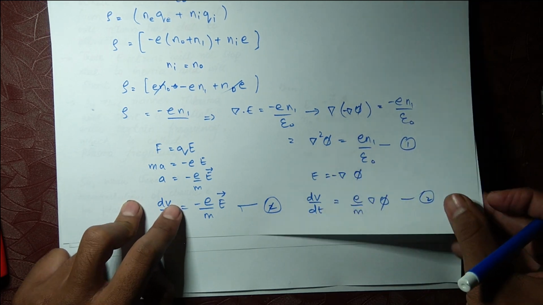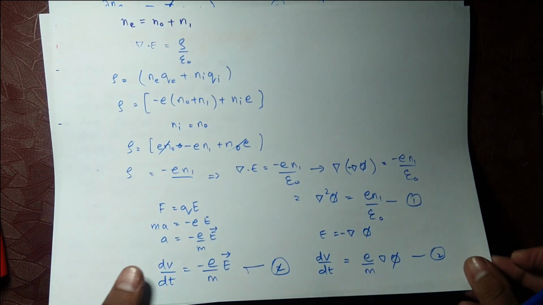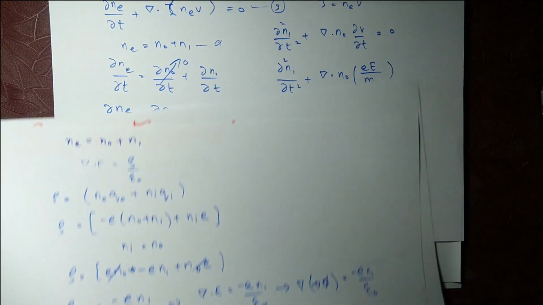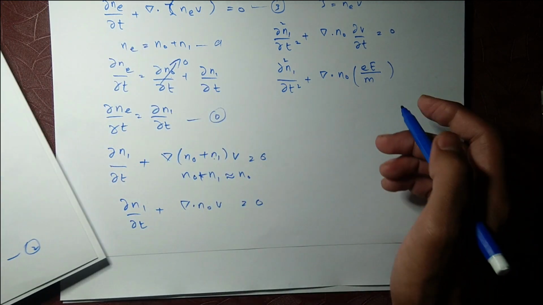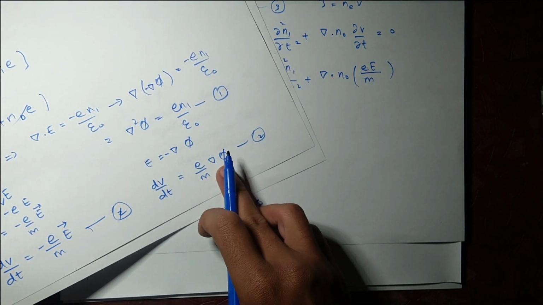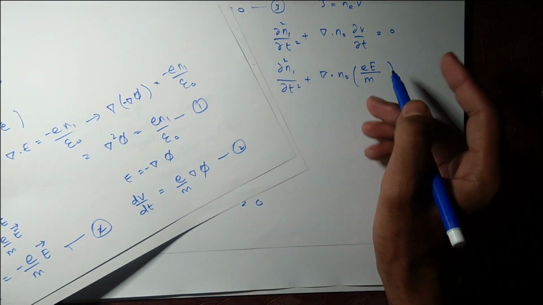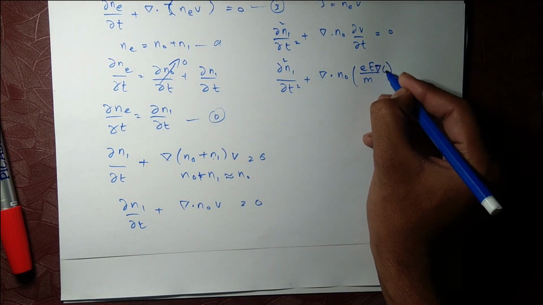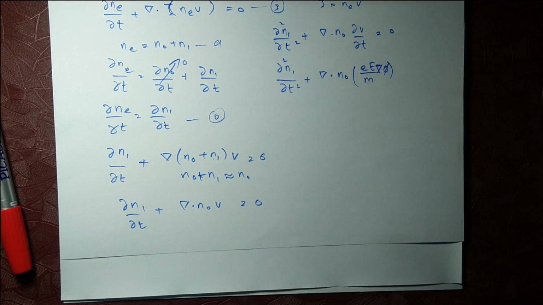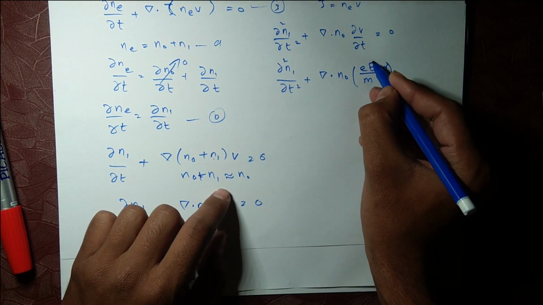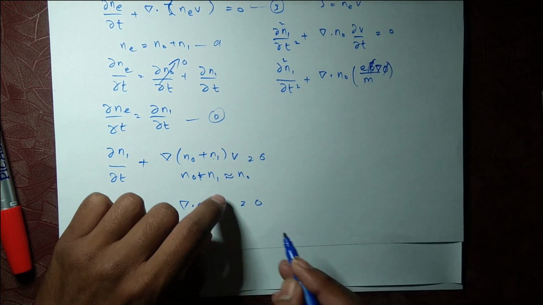So E over m, we have this value e over m del phi here. So this e is not here now.